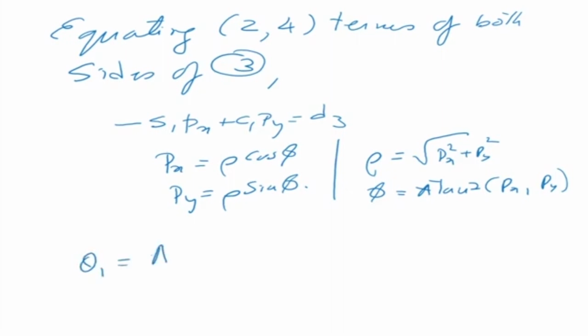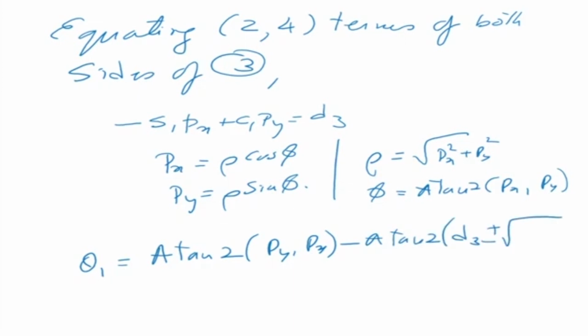Theta 1 is equal to a tan 2 of py px minus a tan 2 of d3 plus minus root over px squared plus py squared minus d3 squared. So now we have found one of the variables, which is theta 1.